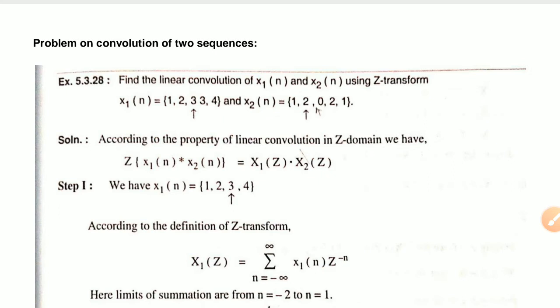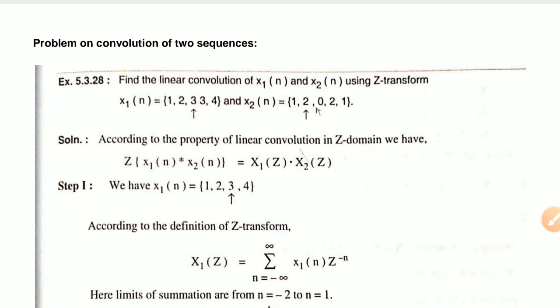So you should know how to solve examples on the basic definition of the Z transform, and you should know the property of linear convolution. By preparing these two things, you can easily score full marks for this particular question in the semester examination. And please remember, this is the most important point: there is a frequently asked question on the convolution of two sequences in the semester examination.